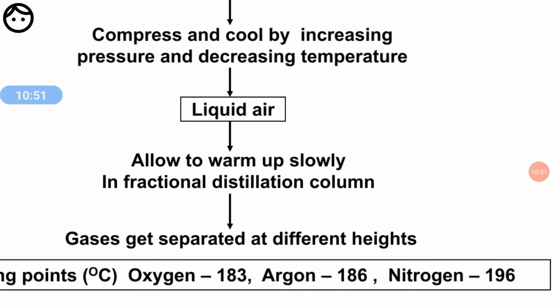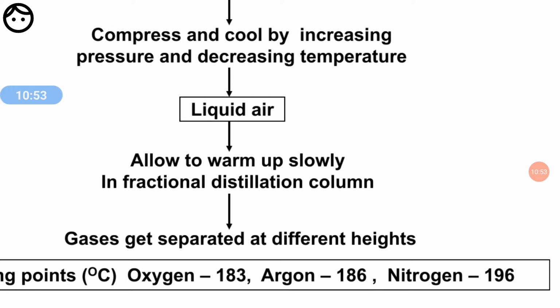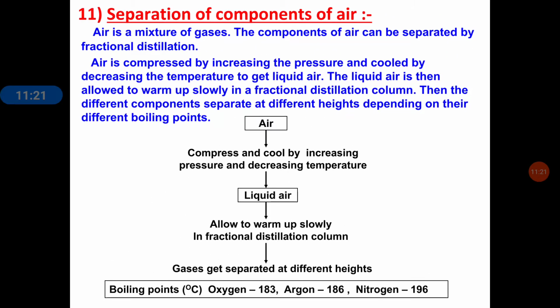The component of air which has a low boiling point starts vaporizing. The one whose boiling point is lower will start forming vapors. These vapors go to the condenser, and after going to the condenser they get converted into liquid, and then you collect each and every component of air one by one in the conical flask. In this way we can separate the air through the fractional distillation method.